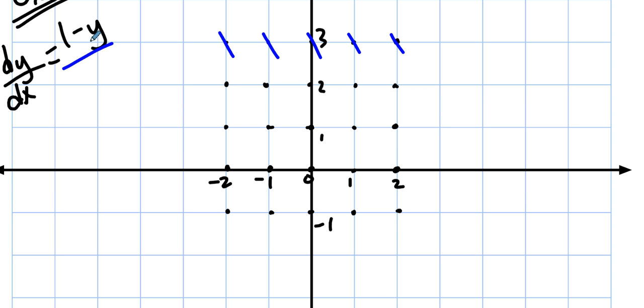When y is 2, the slope of the tangent is 1 minus 2. That's negative 1. And then through here, the slope of the tangent line is 0. 1 minus 1 is 0. And then here, the slope of the tangent lines are all 1. And then here, the slopes of the tangent lines are all 1 minus negative 1.